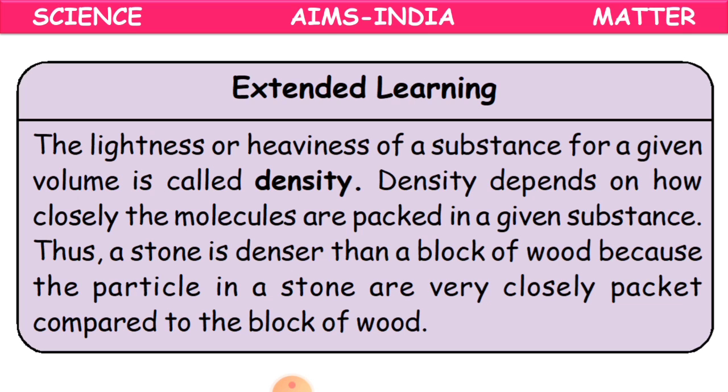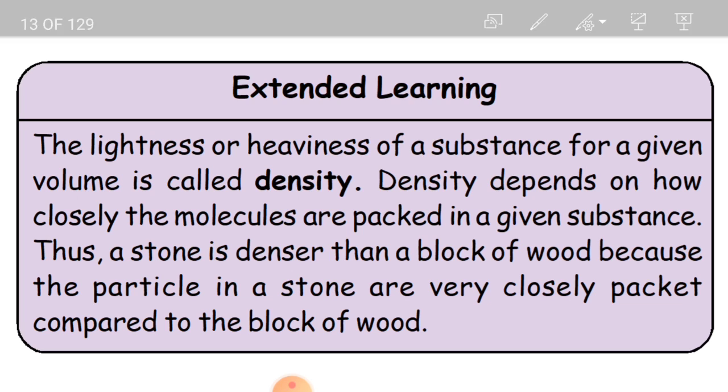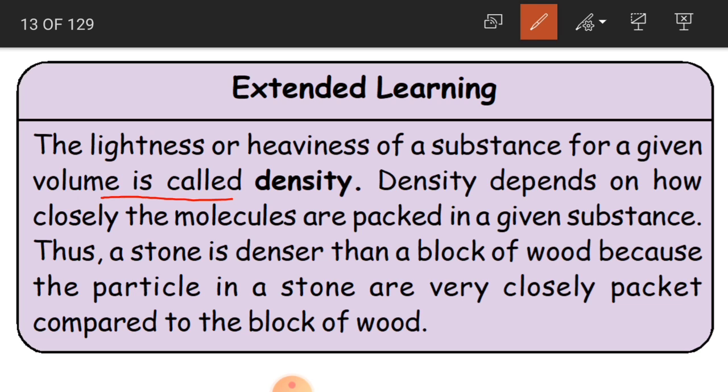The lightness or heaviness of a substance for a given volume is called density. So what is density? You might have heard this word density. The lightness or the heaviness. Here we are talking about, for example, the weight, if it is light or if it is heavy.